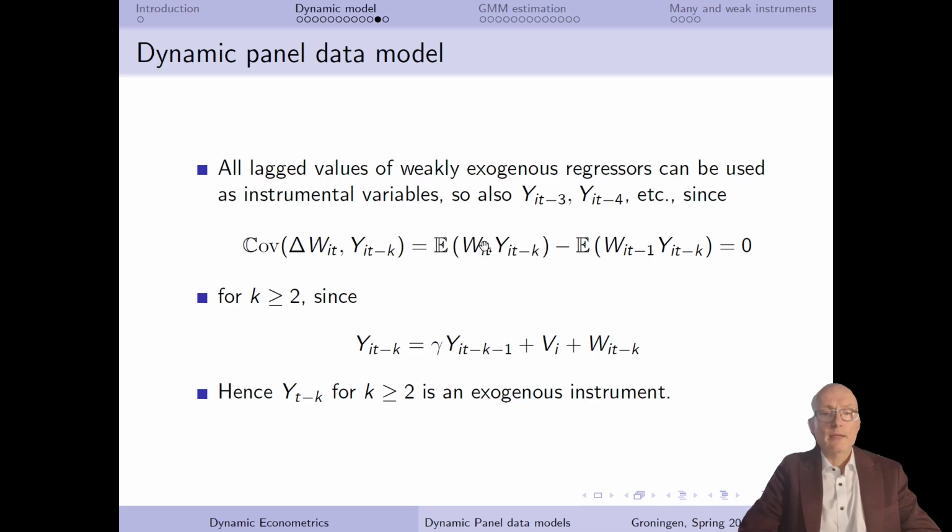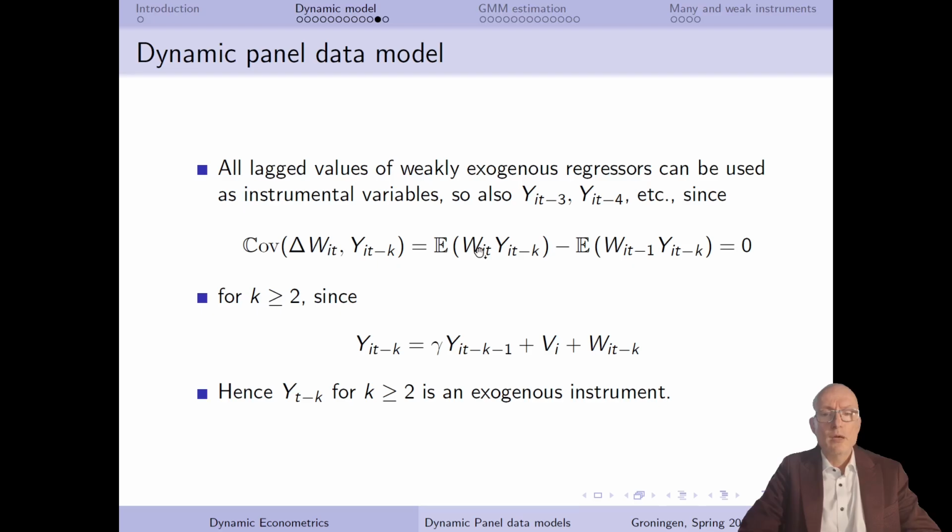Well, we should realize that WIT is, of course, by the assumption of weak exogeneity, always uncorrelated to this VI. Well, it's actually also uncorrelated to this one that we have over here because of the fact that that only gives us higher order terms.